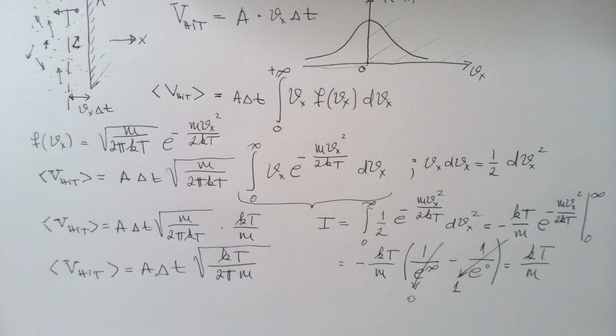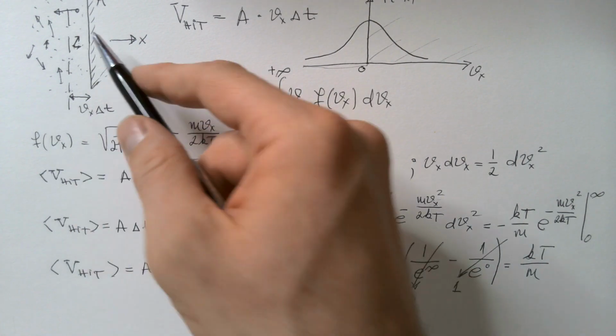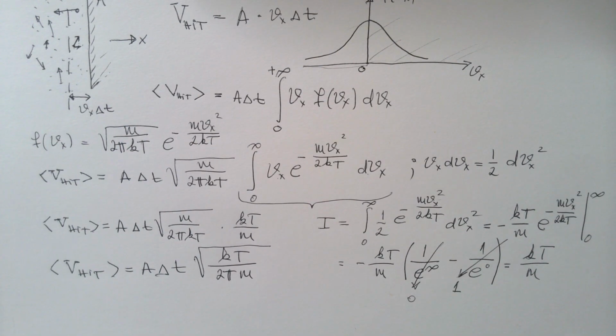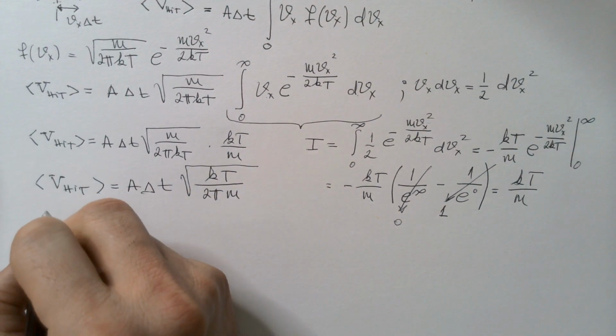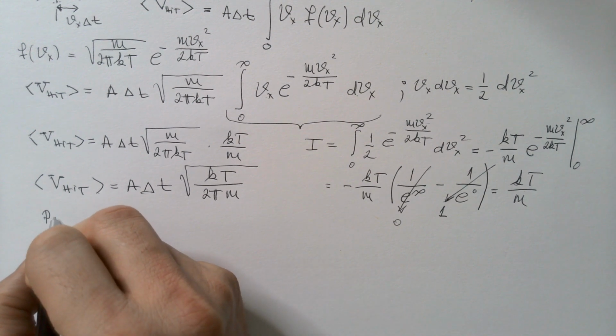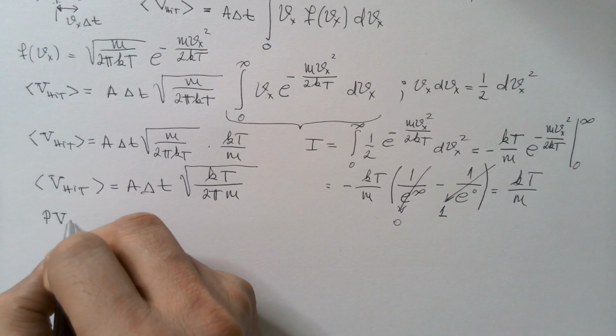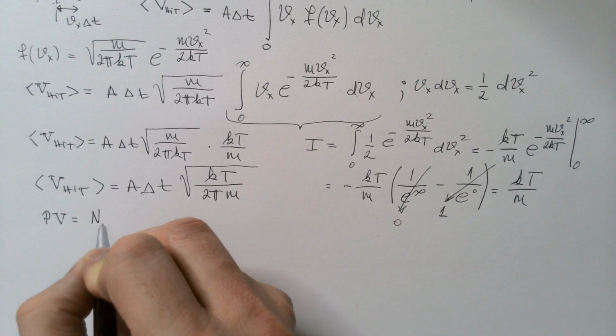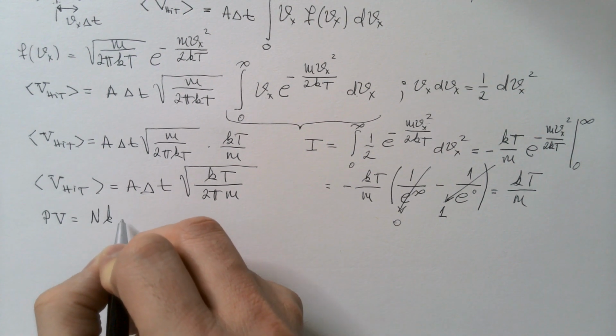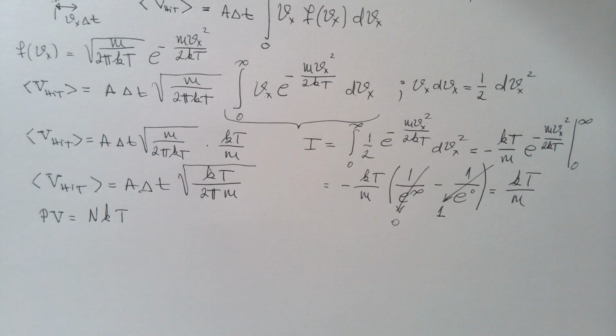But at the end of the day, we started this video saying what is the number of atoms that will hit the wall, not what is the volume that is containing these atoms. How do we get from volume to the number of atoms? Well, we use the equation for an ideal gas that says that pressure in the gas times volume of the gas is equal to the number of atoms in that gas times Boltzmann constant times absolute temperature.